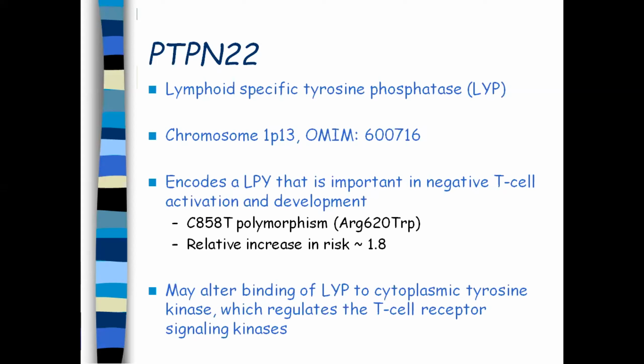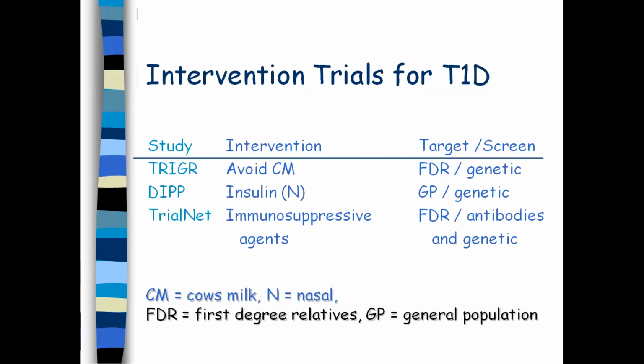As a pharmacologist, as most of the students or faculty, we all know that there are various pathways, that is tyrosine kinase, tyrosine phosphatase, as well as GPCR, means there are various signaling pathways. So in that case, cytoplasmic tyrosine kinase is mainly responsible for T cell receptor signaling kinases.